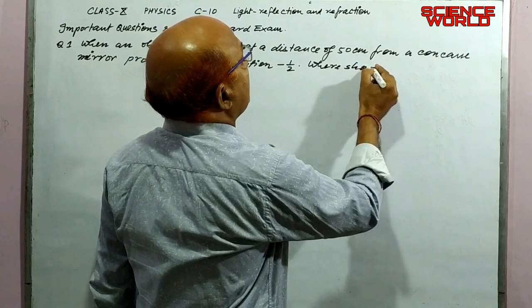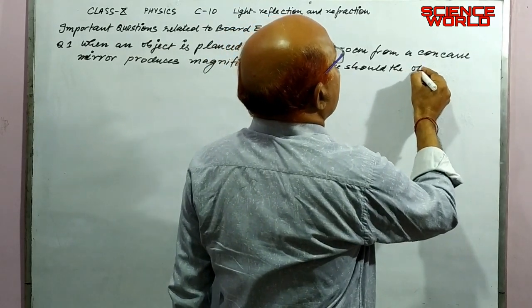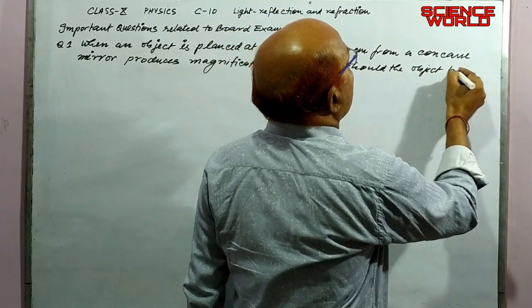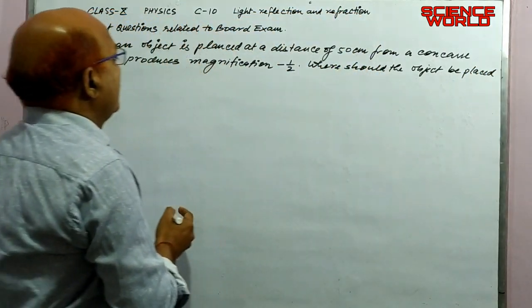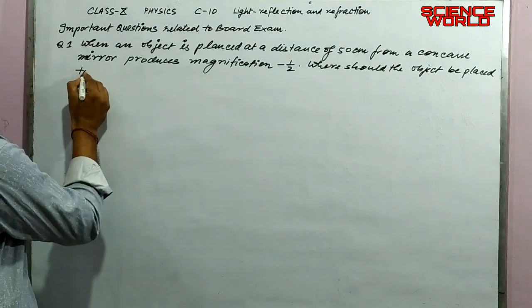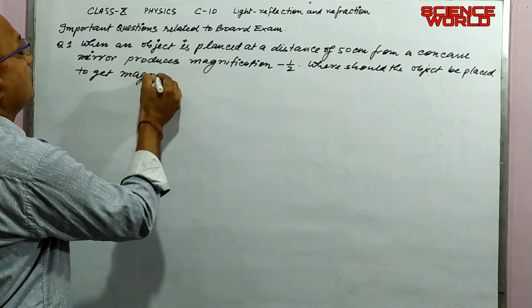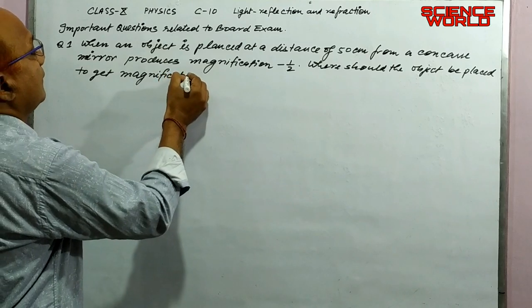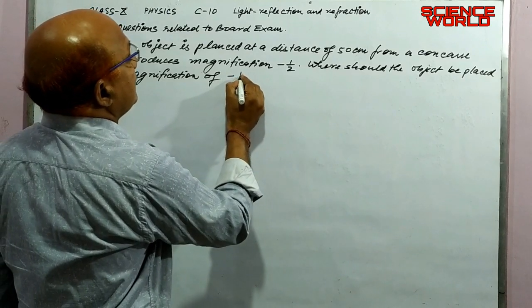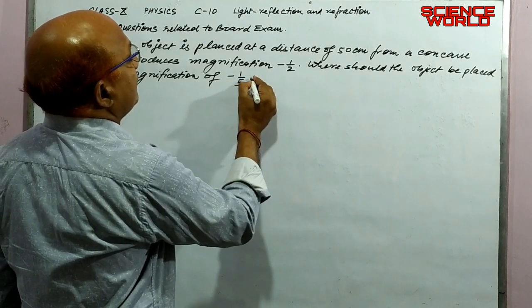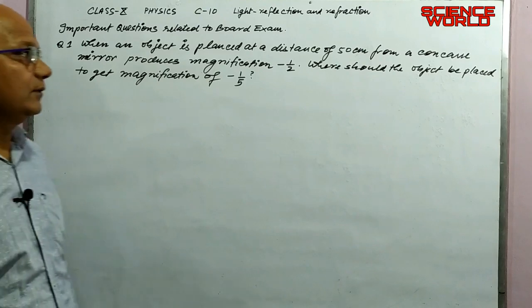Where should the object be placed to get magnification of -1/5? So, we will see this question.